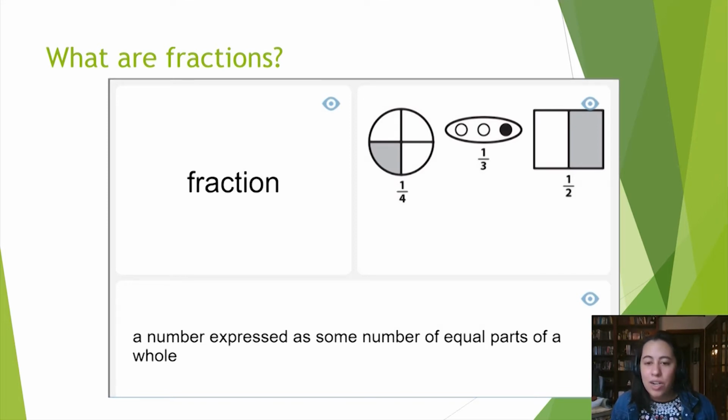For 1/3, one of the 3 circles is shaded in, so it's 1 out of 3 in the whole set. And the last picture shows a rectangle with 1 out of 2 equal parts shaded in, so we describe that as 1/2. It's really important to remember that fractions describe equal parts of a whole. So when you look at each of these pictures, the parts are all the same size.